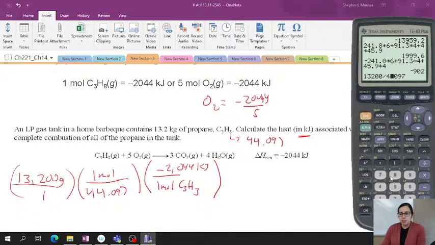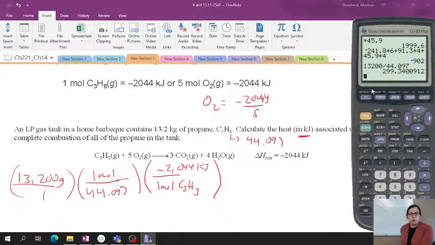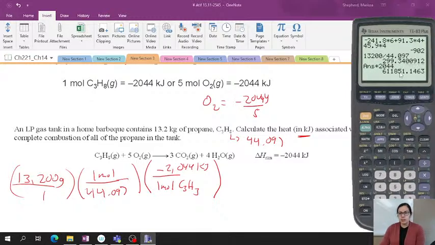Oh, I already did a typo. So then we should have about 300 moles of propane in our tank, based off of our equation. Just multiply by 2,000 now, and of course that's a negative sign, and it's in kilojoules. So now we have 611 kilojoules. I guess we can round to 612.